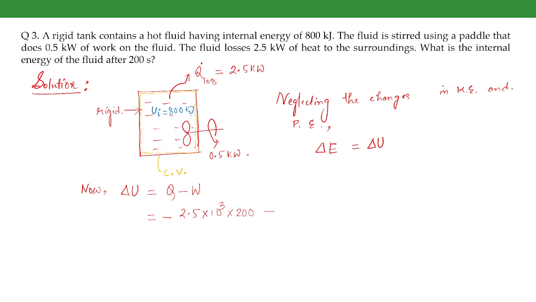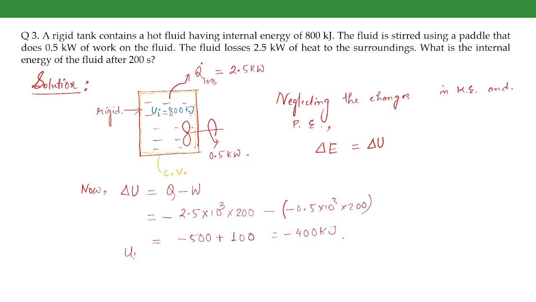Here the work is being done by the paddle into the system, so the work done is taken as negative here, so it is minus 0.5 into 10 to the power 3 into 200. Okay, so this value comes out to be, this is minus 500 and this is plus 100, so this is minus 400 kilojoule.